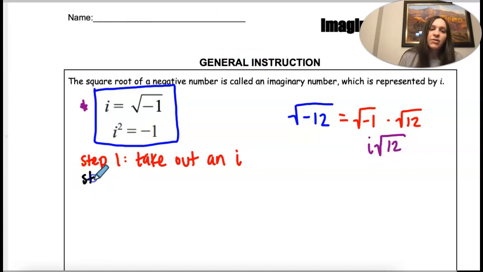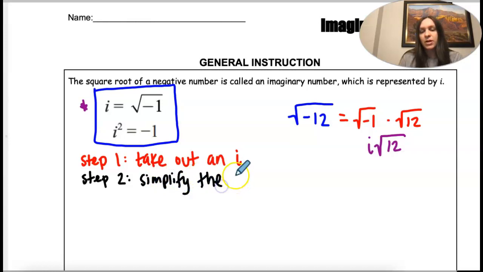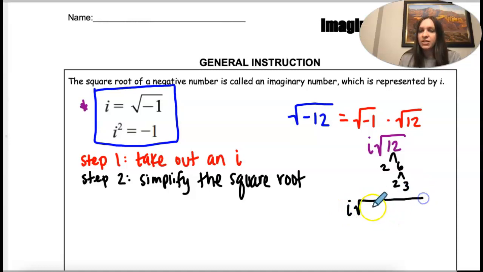So after you take out an i, step 2 is simplify the square root. And this is something you guys should be really good at by now. We've been doing it a lot. So I'm going to take factors of 12, 2 times 6, 6 is 2 times 3, and I'm going to rewrite this as 2 times 2 times 3.